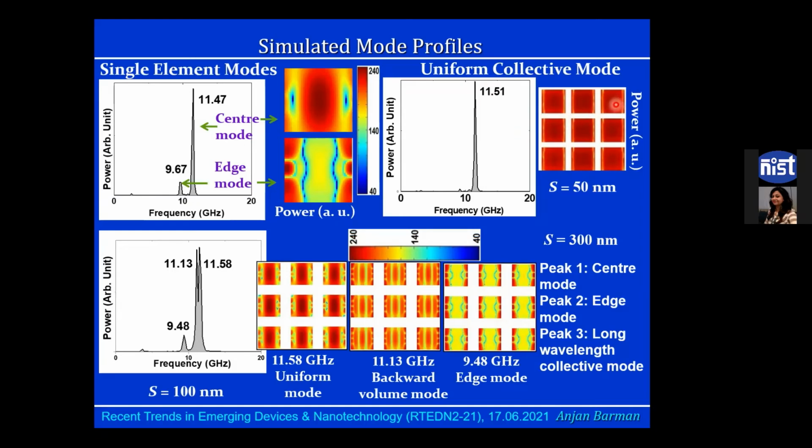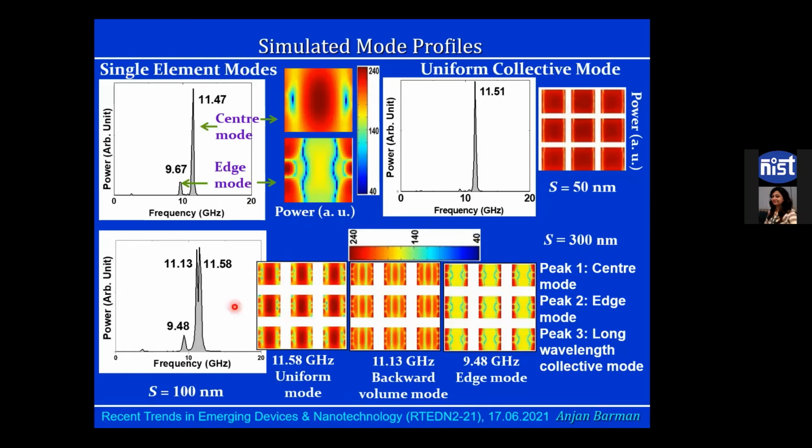Here you can see that this edge mode actually disappears. You have a completely uniform mode. So this is almost as if it is a thin film. Although there is a gap between them, they appear almost like a continuous film. And that is this uniform mode of the system, the strongly collective mode. And this mode will be able to propagate through this medium over a long distance.